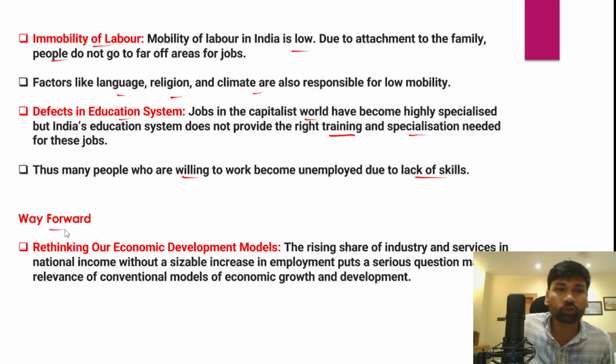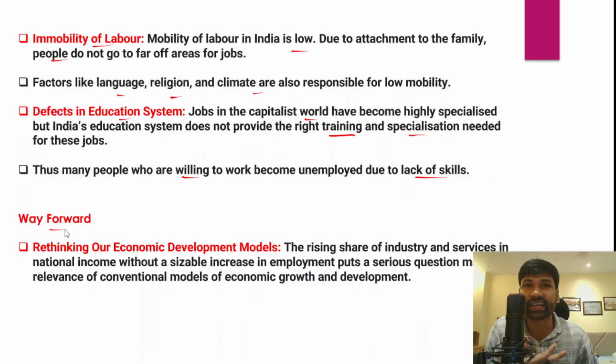Right, so we need to talk about the way forward also, because this is the second part of the question. We need to think about economic development models. In the sense that we need to shift the excess workforce located in the agriculture sector to industry and the service sector. Industry and manufacturing have a huge potential to accommodate excess workforce.